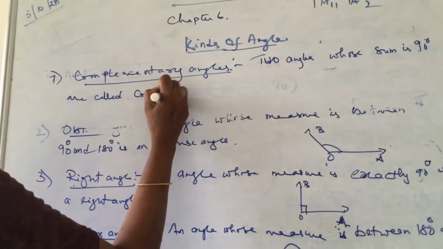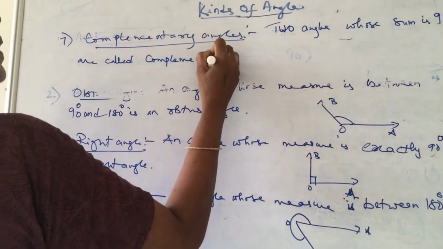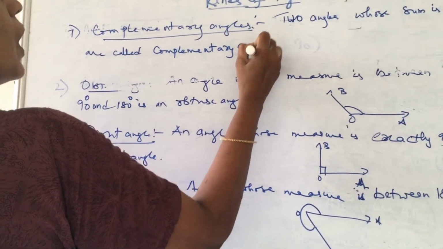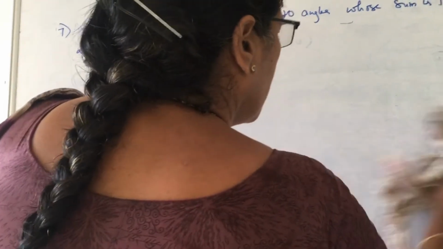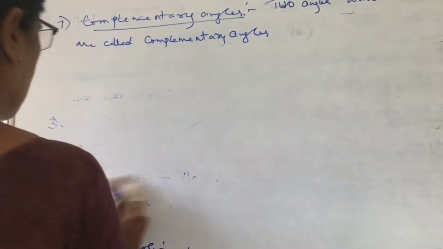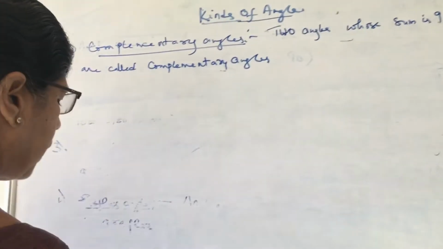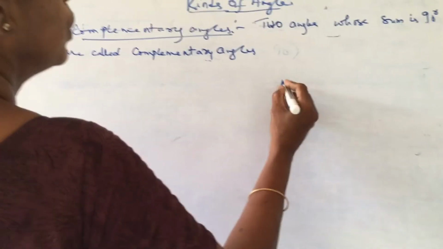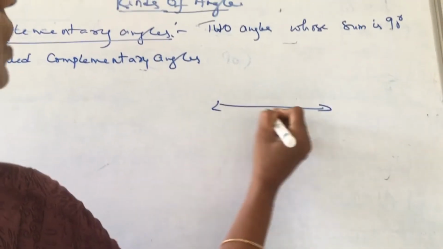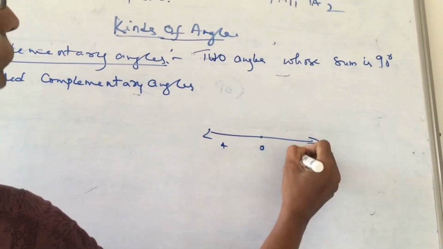The sum of two angles is 90 degrees means they are called complementary angles. A, B.